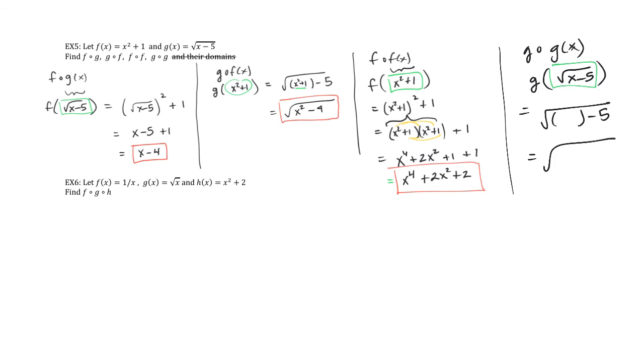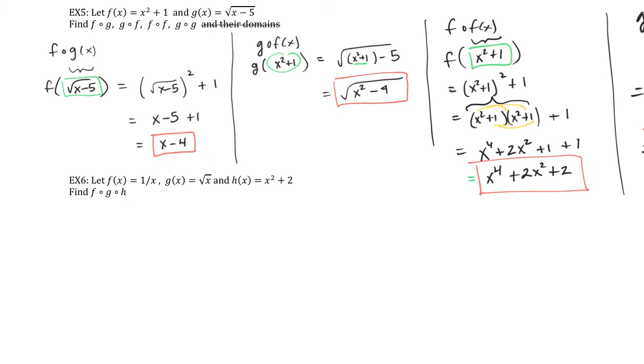But my input now is square root of x minus 5. So we have the square root of the square root of x minus 5, minus 5. That's crazy, and that's done.